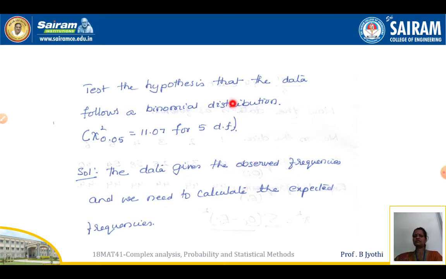Here the question is: test the hypothesis that the data follows a binomial distribution. I have given the chi-square distribution value 11.07 for 5 degrees of freedom. Just for reference purposes I will show you the table. You can see here that for degrees of freedom 5, chi-square at the 5% level of significance is 11.07.